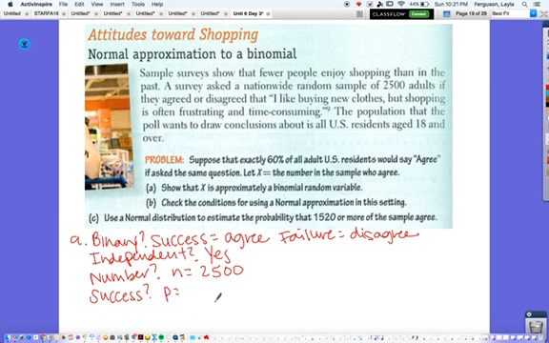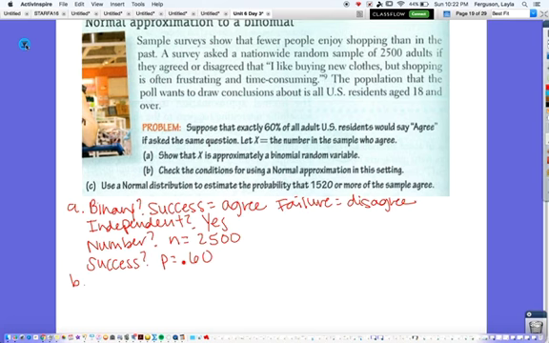Does it tell us the probability that we have a success, which is people that agree? We are supposing that exactly 60% of all adult U.S. residents would say agree, so our probability is equal to 0.60. Because all of those conditions were satisfied, we do have a binomial random variable.